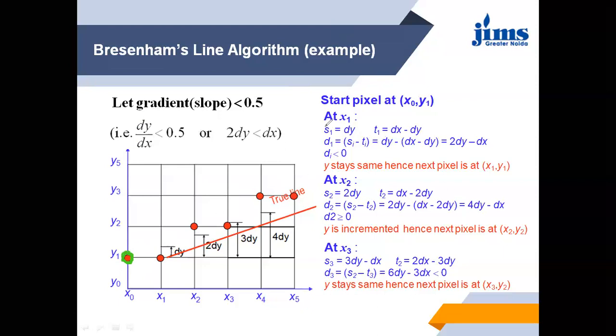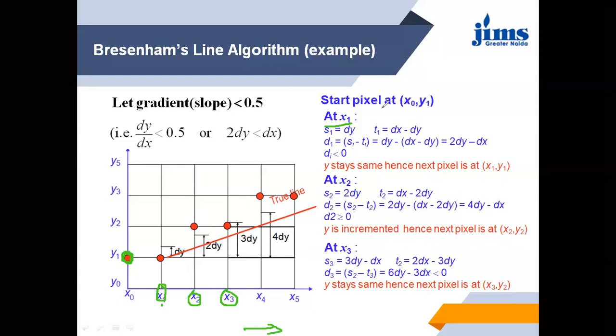First we will discuss point x1, then we will discuss point x2, and then x3. We will try to find out the value of y at x1, then at x2 and x3 and so on. So we are discussing x1.